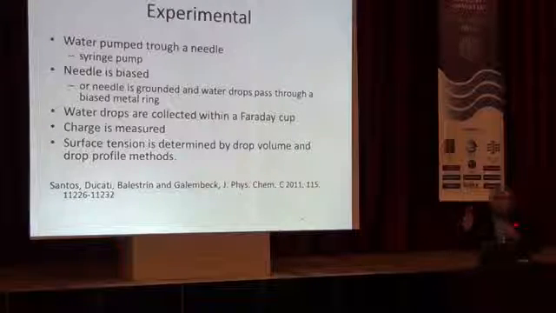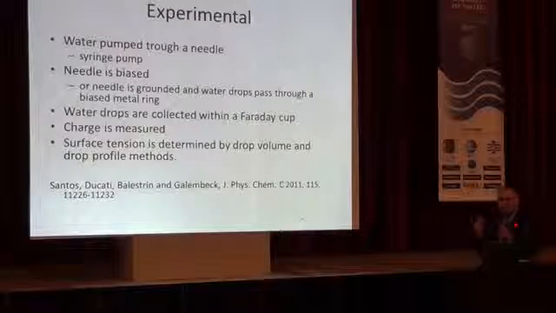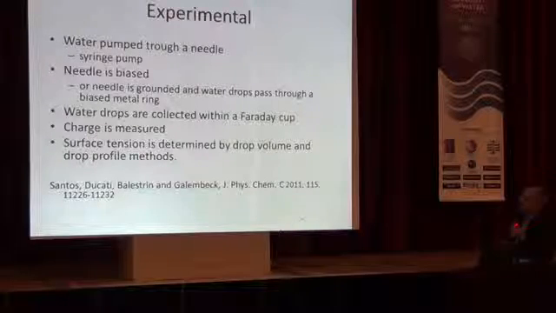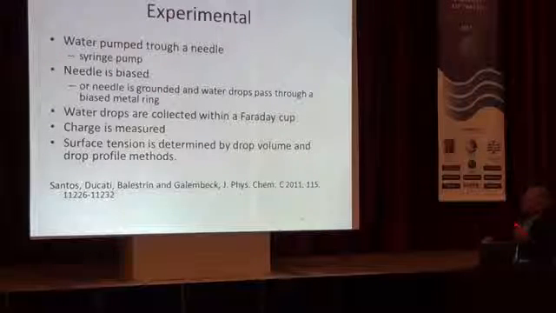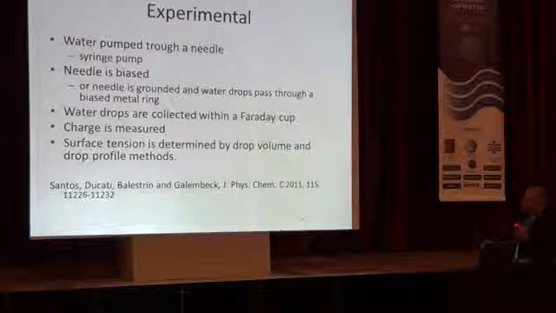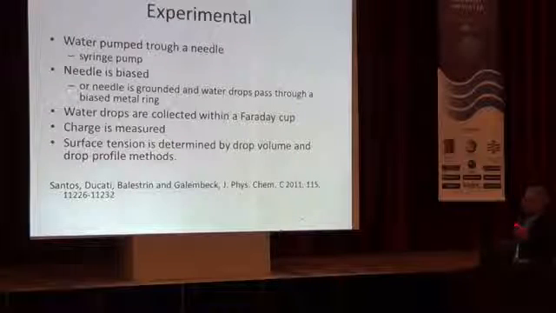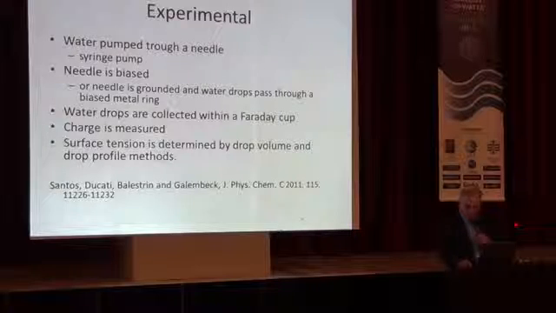I will describe the experiment in some detail, because I think it is important to see the controls. Water is pumped through a needle using a syringe pump. The needle is biased or grounded, and water passes through the biased metal ring. Water drops are collected within a Faraday cup, where charge is measured, and surface tension is determined by drop volume and drop profile methods.